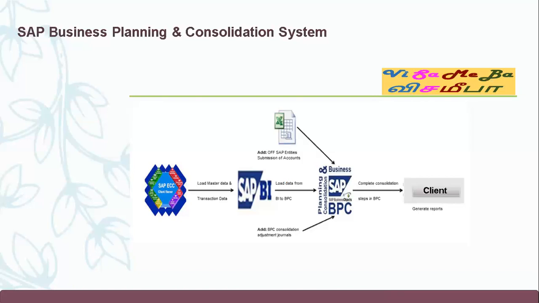All these are done to derive the planning results or the consolidation results. And then the reports are generated either by using Analysis for Office or for EPM reporting. Using these reporting tools, the reports are generated and presented to the top management.